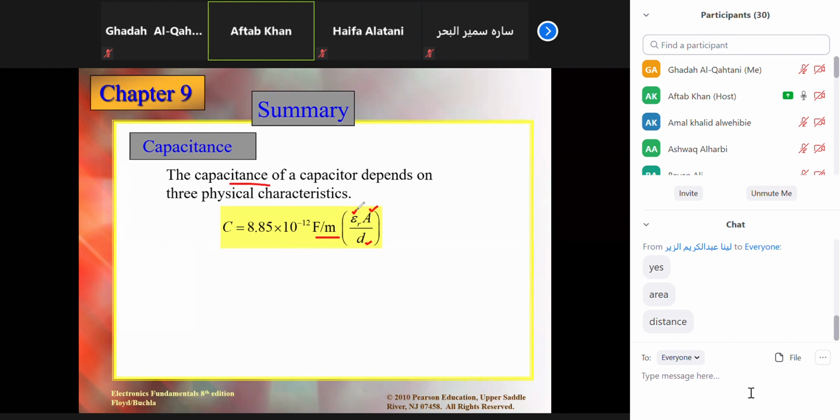From this relation, capacitance is directly proportional to epsilon R and directly proportional to the area. More area, more capacitance. And it is inversely proportional to the distance between the plates. The less the distance, the more the capacitance. You know these formulas already.